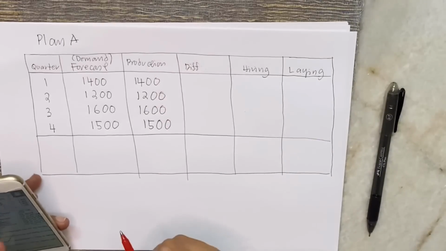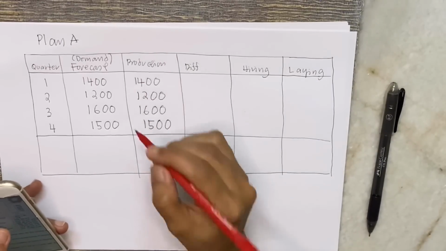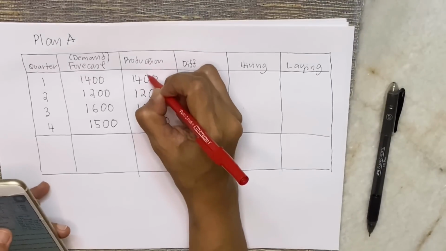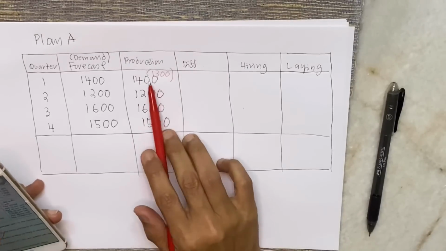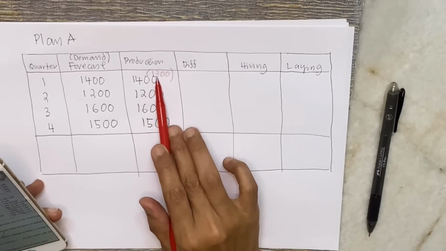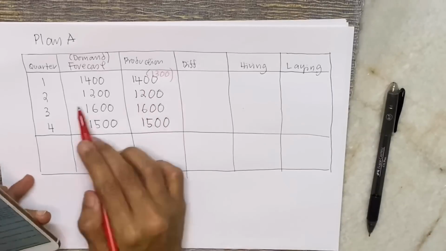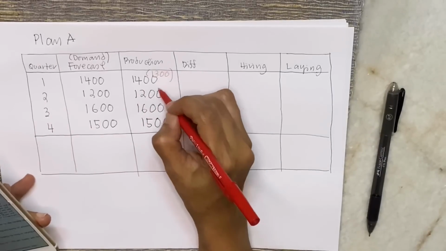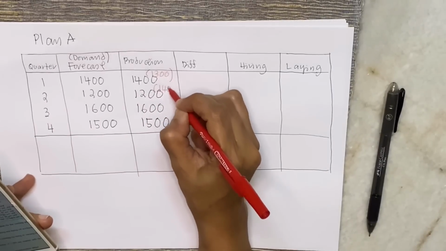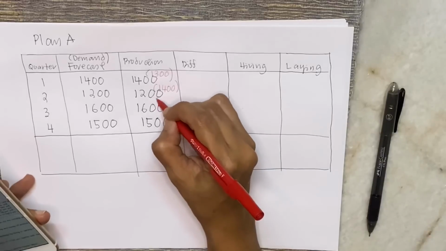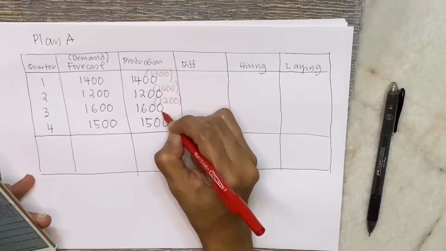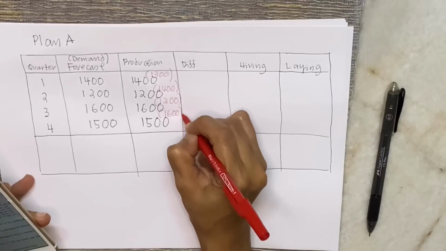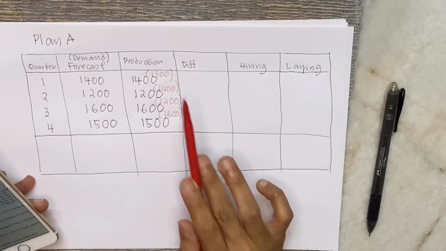So bear in mind we have 1300. We put 1300 here. Then the 1400 is utilized at quarter 2. So bring the numbers down: 1400, 1200, 1600. So class, you have two numbers here.